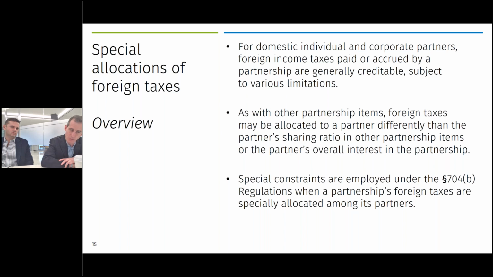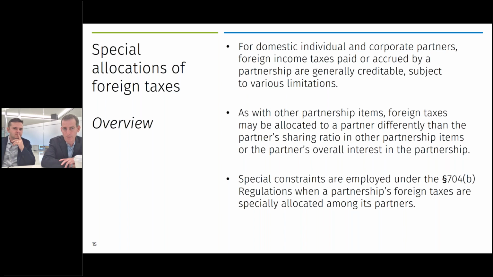The regs, in one part of the regs, it says that the special allocation of tax credits just does not have substantial economic effect. And that actually makes sense because with tax credits generally, that doesn't affect the capital account. So the economic effect test doesn't accommodate the allocation of tax credits.